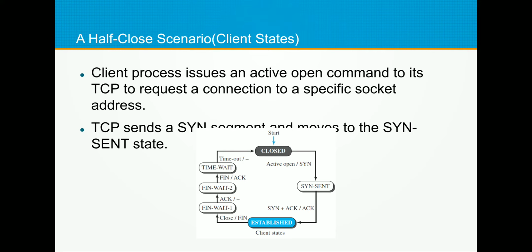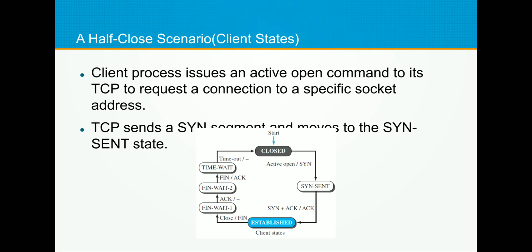Suppose there are two processes at the application layer which want to communicate, one being the client and the other the server. So the application process on the client end will send an active open command to its corresponding TCP, which is at the transport layer, and it is requesting a connection to a specific socket address or a port.